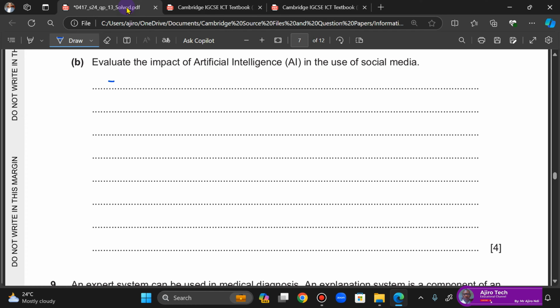It allows for better content on the sites as it is customized to the user.